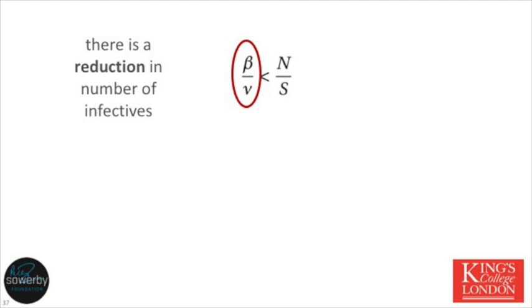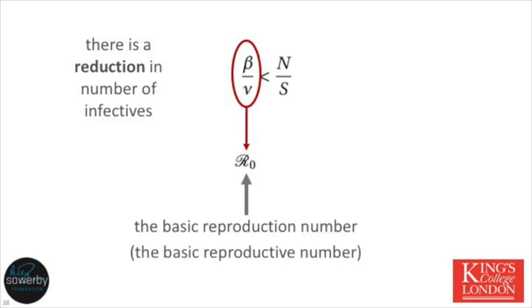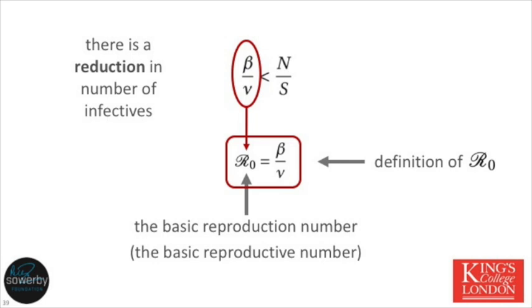Epidemiologists call this the basic reproduction number, or the basic reproductive number. It's given the symbol R0. I'm using here a curly R to distinguish it from the R for recovereds, but sometimes a normal R is used. So this equation, R0 equals beta over nu, defines R0.